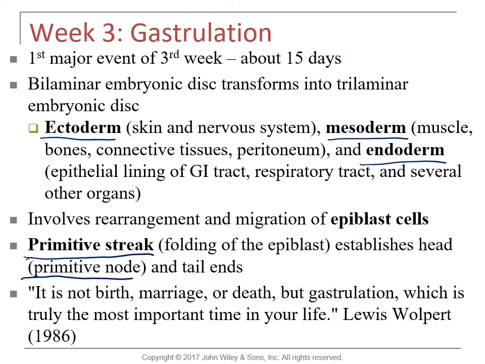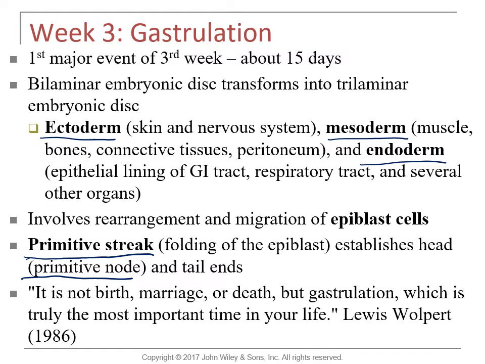This process is called invagination. Once the cells have invaginated, some of them displace the hypoblast, forming the endoderm. Other cells remain between the epiblast and the newly formed endoderm to form the mesoderm, which is the middle layer. Cells remaining in the epiblast then form the ectoderm, which is the outside layer.